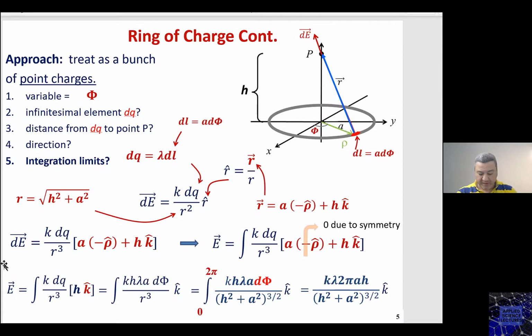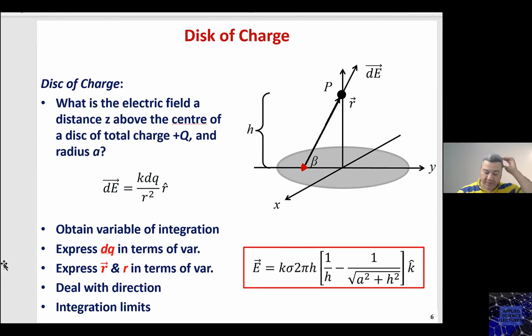This slide has the summary of what we have done earlier. Now the next step is the disk of charge. We're not going to go into the integration of the disk of charge. You can use it right away. If you want to know how we came up with this expression, you can contact me and I can go through the detailed derivation of this expression.